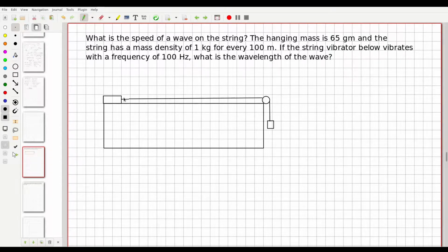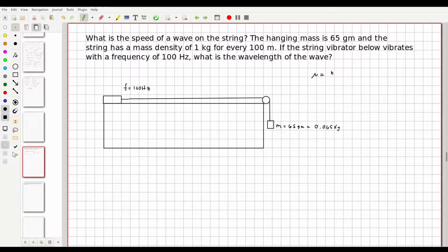So this thing right here is going to vibrate up and down with a frequency of 100 hertz. There is a mass hanging off the end here of 65 grams, or 0.065 kilograms. And we're given the mass density of this string.